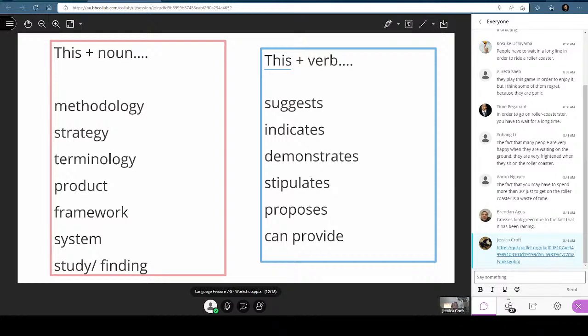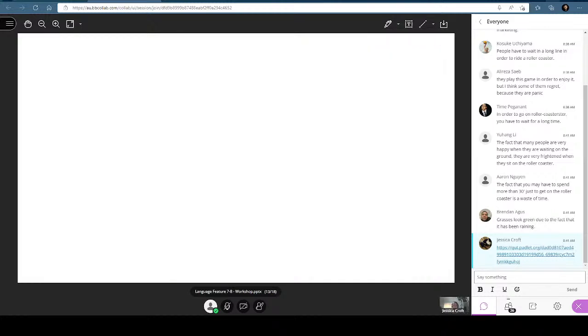How does it prove your point? Or it's when you're clarifying and proving your assertion. So you're explaining why you think what you think or how you came to your conclusion. So that's why this is extremely important, and you're likely to see it more and more in passages that have a lot of critical thinking.